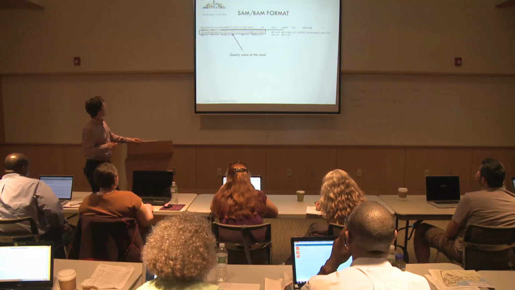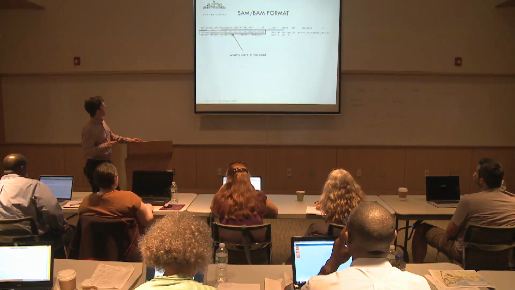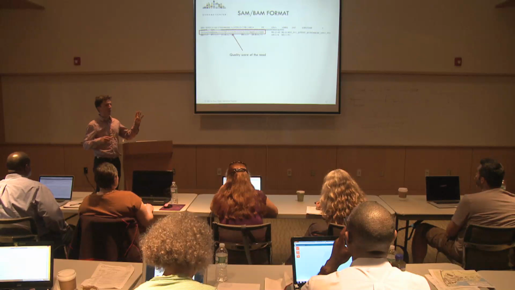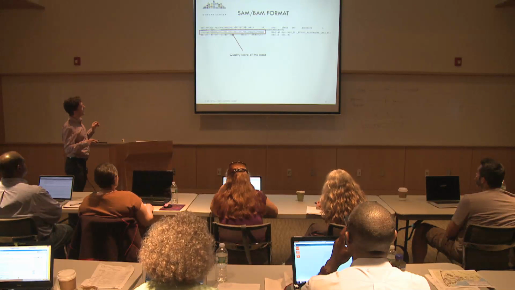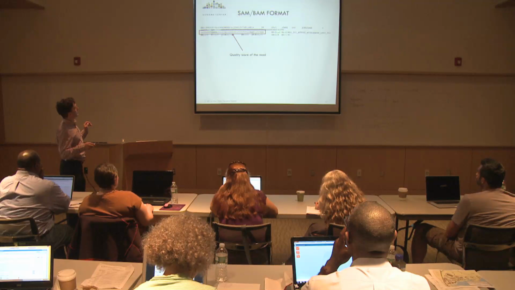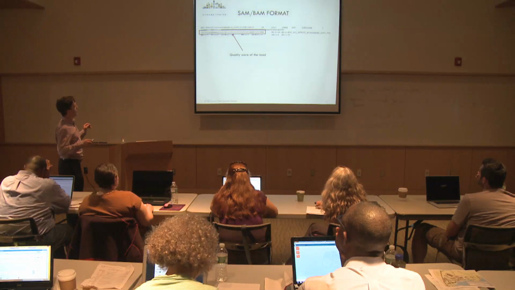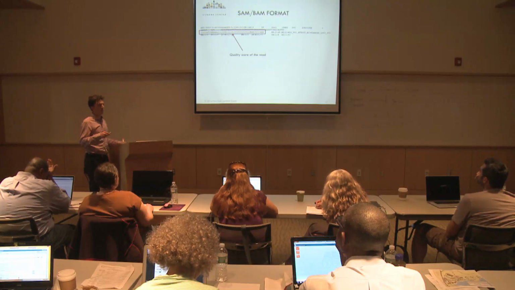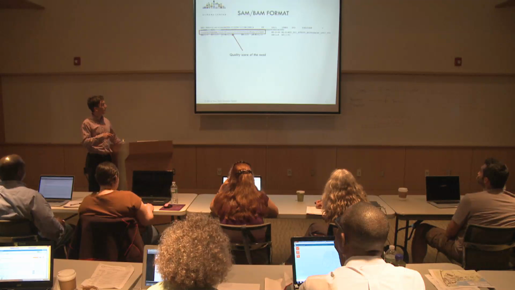And then there is additional information on the number of mismatches. I think it's here. So I think this one has no mismatch, or here maybe. But the entire specification for the SAM format is available, and I have the website at the end.